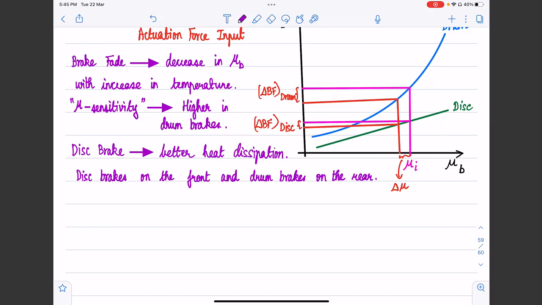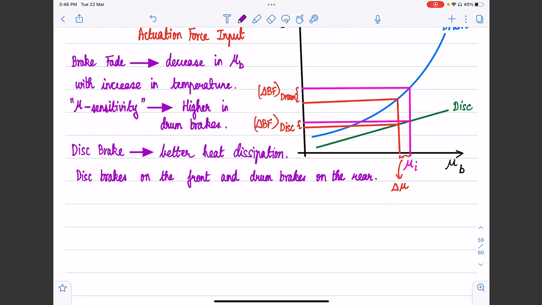Another advantage of drum brakes on the rear is that mechanical parking brakes can be easily integrated in a drum brake. So that also makes it a very attractive and cost-effective solution to put the drum brake in the rear wheels. These are some reasons why most brake configurations in passenger cars use disc brakes on the front and drum brakes on the rear.